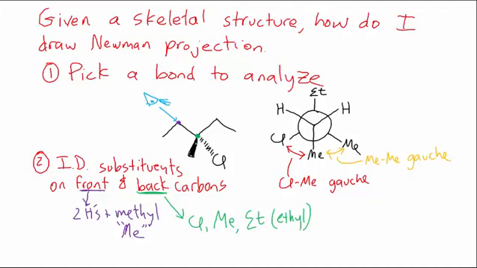And then once you've drawn one Newman projection for the molecule, the rest of them just follow. What I usually do is keep the front carbon the same and just rotate the back one. So keep moving the substituents in the back one by 60 degrees at a time.